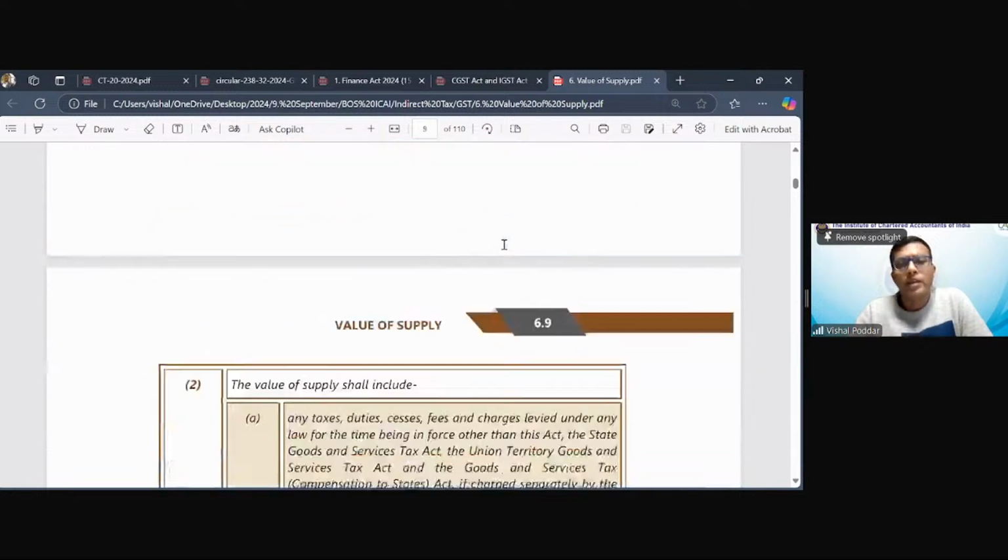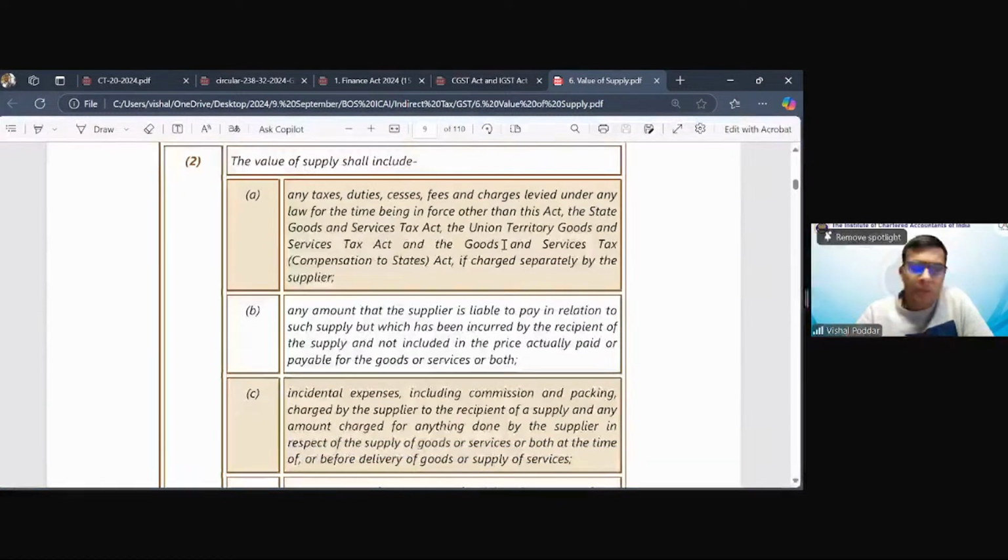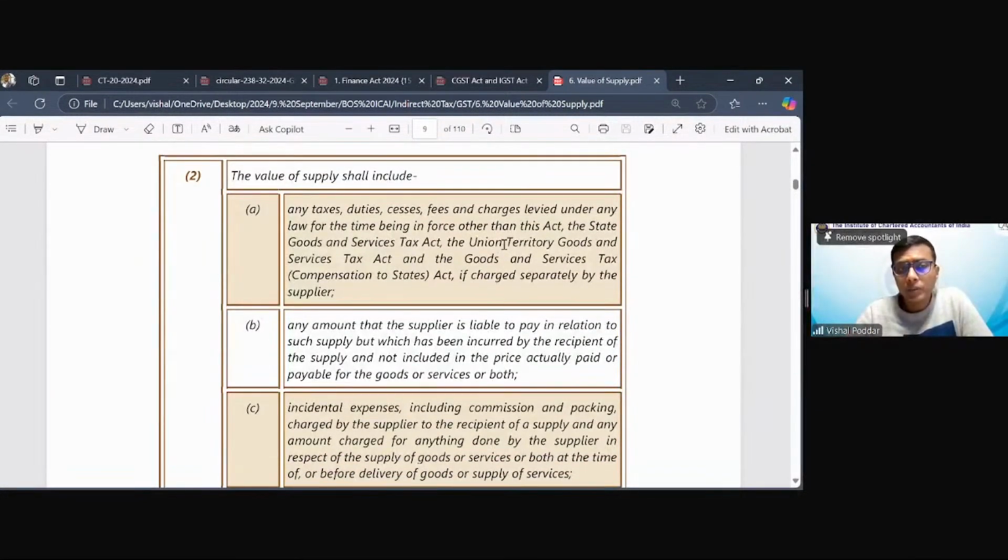Now, this price is accepted subject to adjustment of subsection 2, where something has to be added to this price if it is not already included, and subsection 3, where something has to be subtracted. Now, what has to be added? Subsection 2, clause A. It says that you have to add all other taxes, duties, fees, cess, surcharge, levy. All other means other than GST.